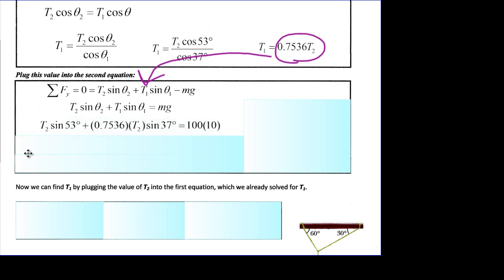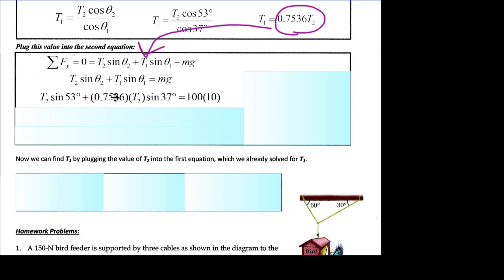So now I substituted in, theta 2 was our 53 degrees. Instead of T1, I now have 0.7536 T2 in here. Don't forget to keep the sine 37 degrees. And then I have mg over on the side. We said that it's basically weight. T3 was equal to the weight, which was 1,000.